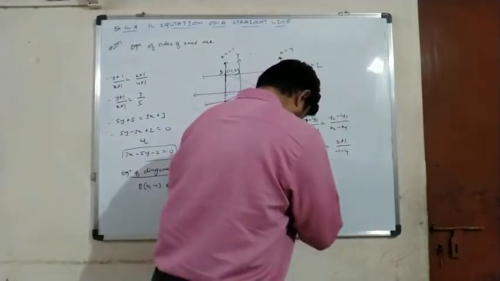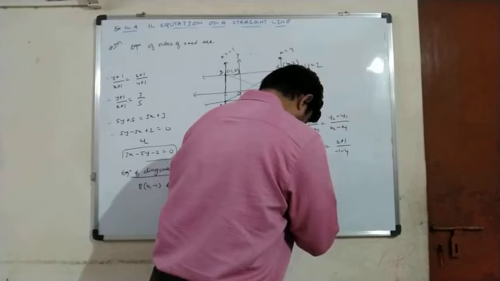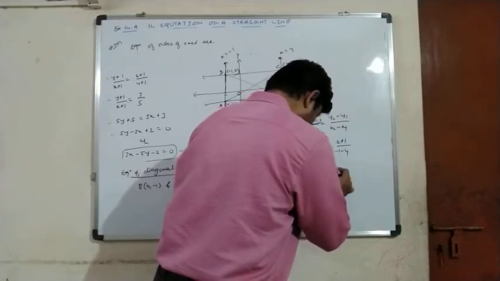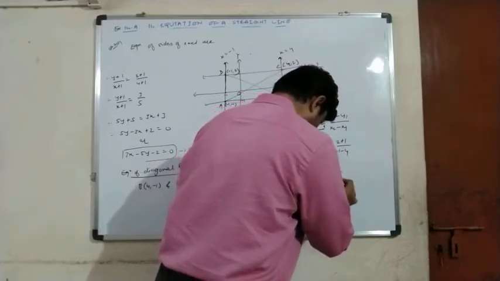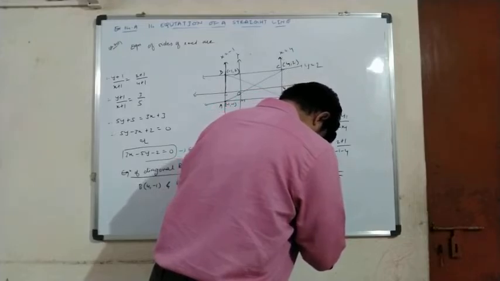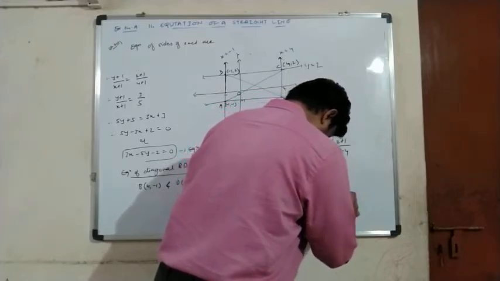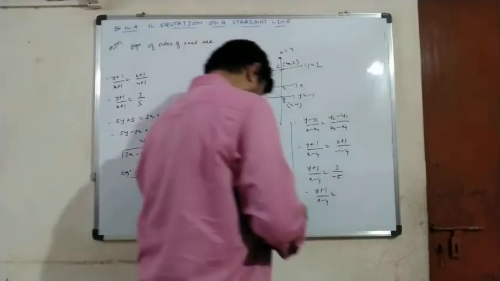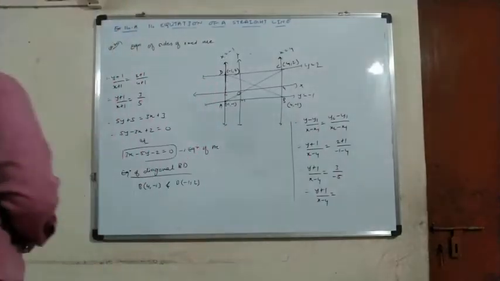Therefore (y plus 1) upon (x minus 4) is equal to 3 upon minus 5. Now let us cross multiply.